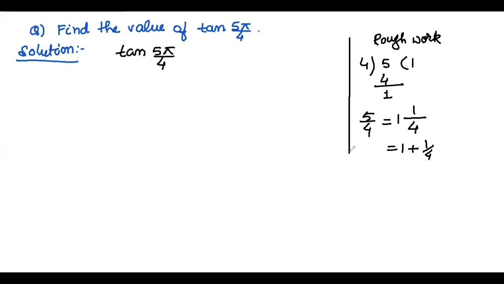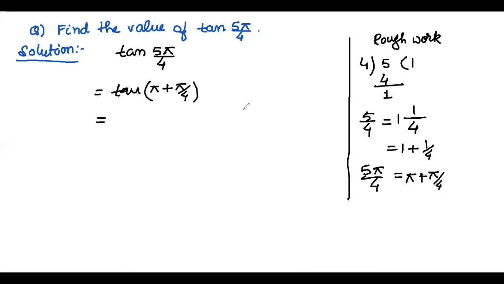Now we'll include pi. We have here 5 pi by 4. So we can write it as pi plus pi by 4. Means in place of 5 pi by 4, we can write pi plus pi by 4. We are splitting it so that we can set it in the pattern. So I'm writing here tan of pi plus pi by 4.